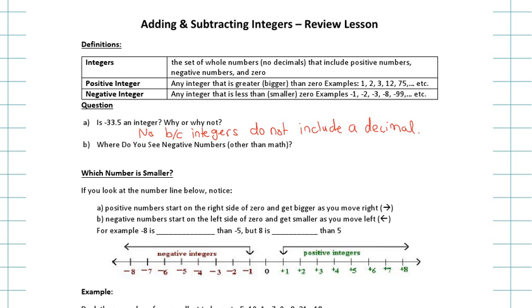Where do you see negative numbers other than math? So you were saying something about temperature, right? In temperature, we do have negative numbers, right? They don't have to be integers.